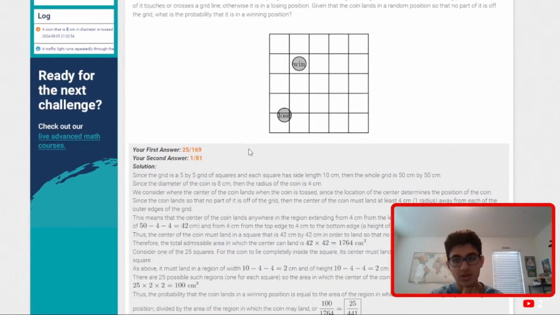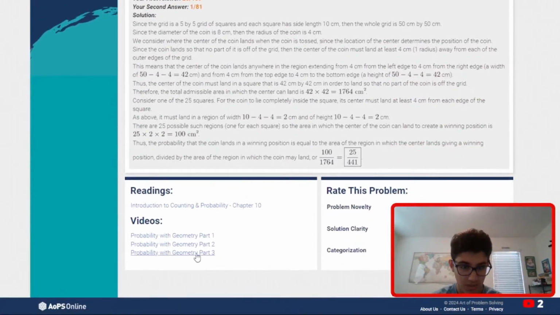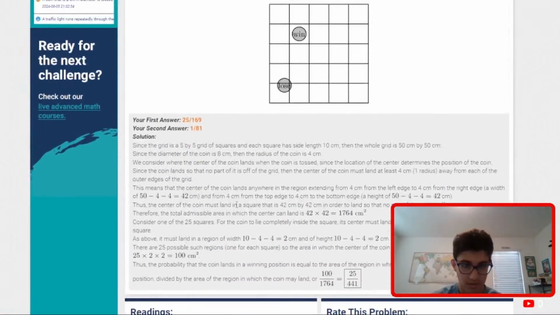Oh, well, I guess that's because it's 5 grids, right? Maybe that's what you have to look at. See, a lot of these questions are much harder than my class ever went into. So let's see. Since this grid is a 5 by 5 grid, and the diameter of the coin is 8, the radius is 4 centimeters.